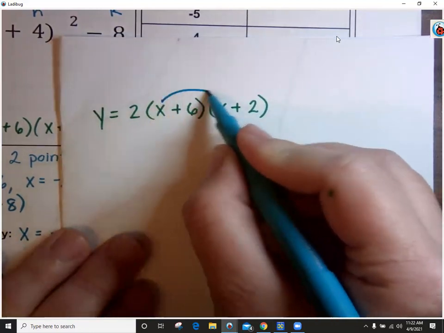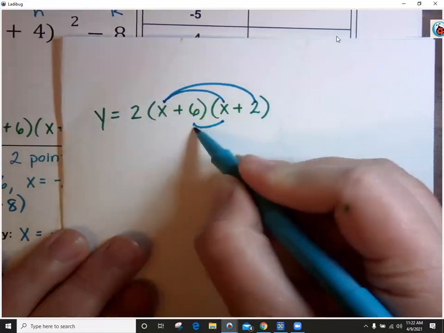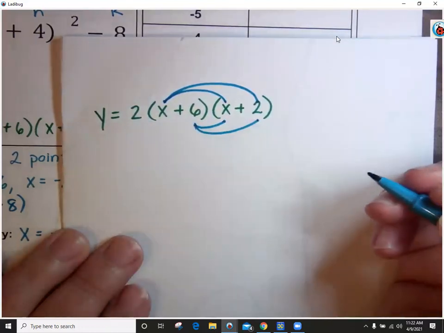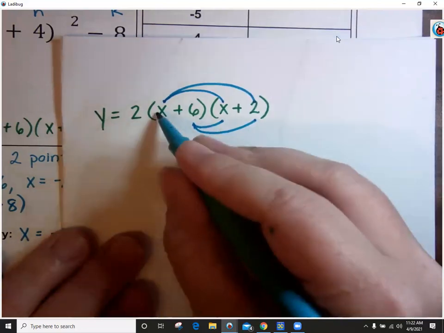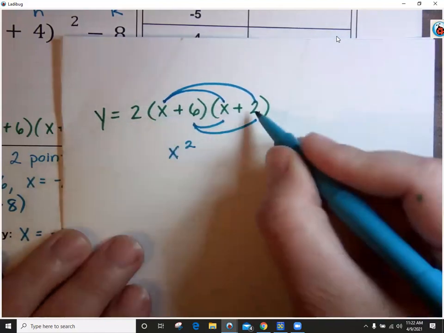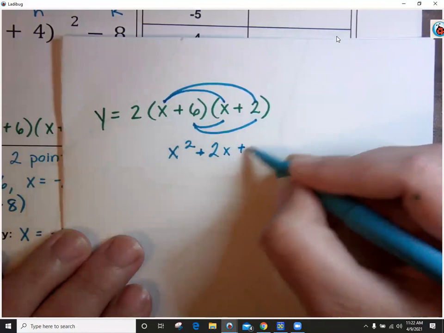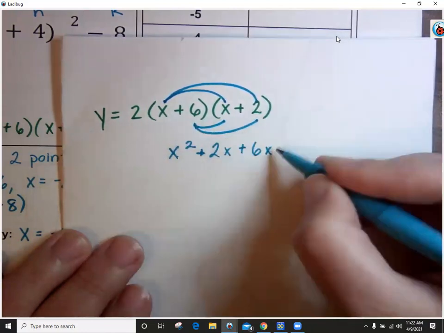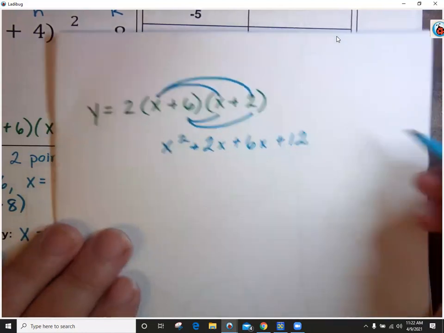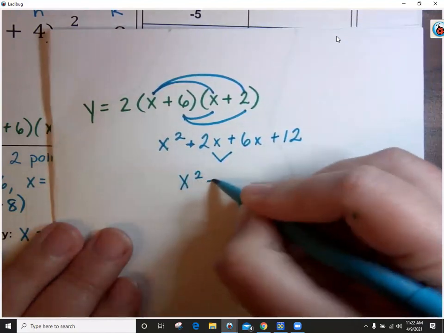We would say x times x and x times 2, 6 times x, 6 times 2. And we would have x times x is x squared. x times 2 is 2x. 6 times x is 6x. And 6 times 2 is 12. Then you would combine the like terms in the middle to get 8x.